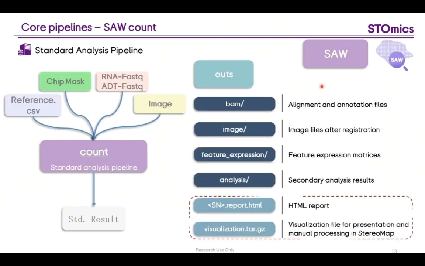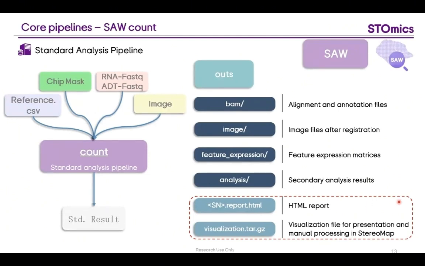When SW count runs successfully, it generates a comprehensive set of output files in the output directory. This includes alignment files, registered imagery, feature expression metrics, secondary analysis results like clustering and differential gene expression analysis results.